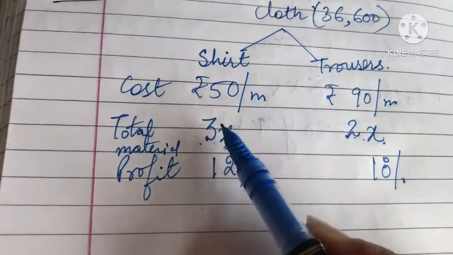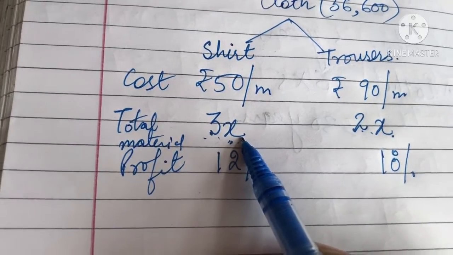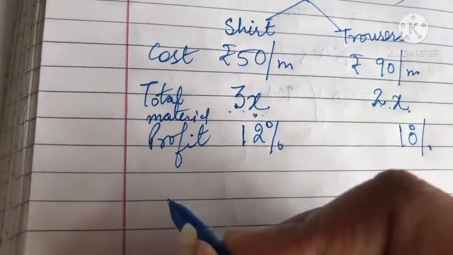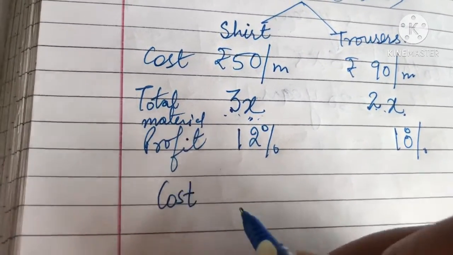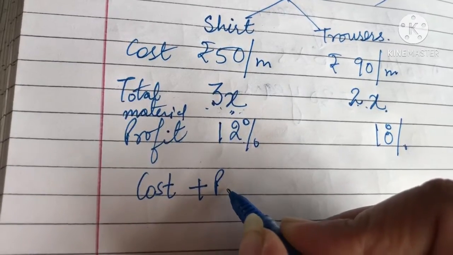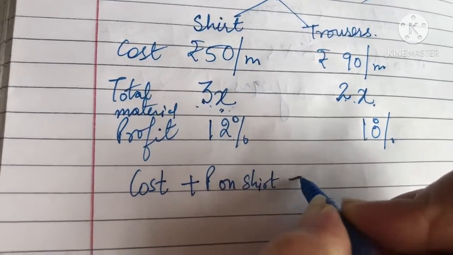Now the total material which is bought is 3x, and how will we find the cost of this material? 50 into 3x. So that will be the cost of the material, plus he is earning some profit also on shirt, profit on shirt material, plus.